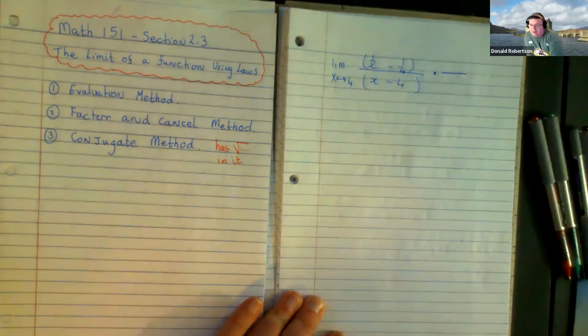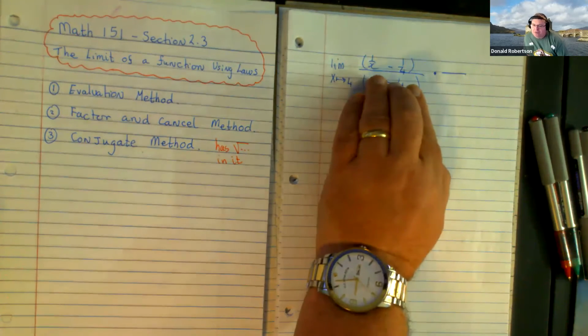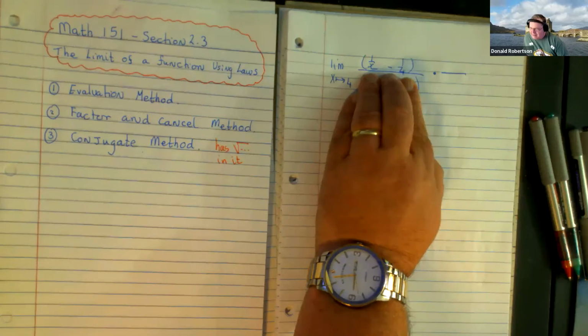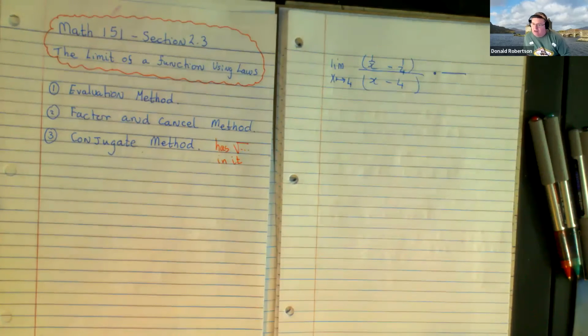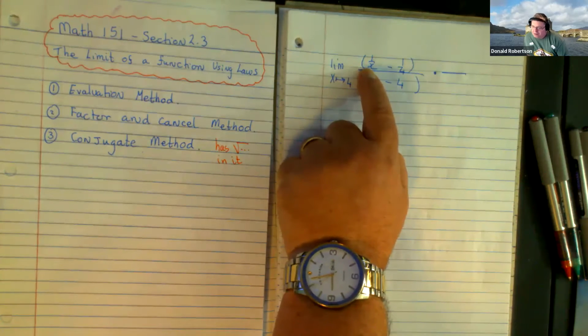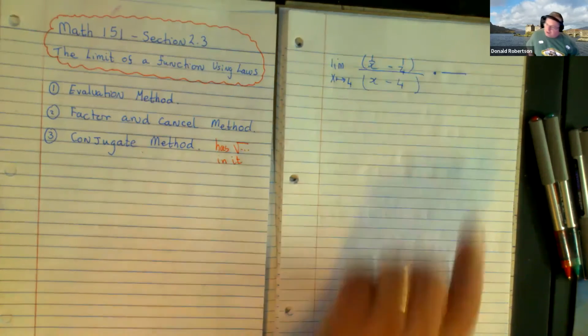I am going to multiply by a special version of 1. And the reason I'm going to use a special version of 1 is that my problem really is caused by that ugly numerator. Would you agree that 1 over x minus 1 over 4 is stopping me getting anywhere useful, right? Now, the special version of 1 that I'm going to use is going to make that 1 over x stop being a fraction, and it's going to make that 1 over 4 stop being a fraction.